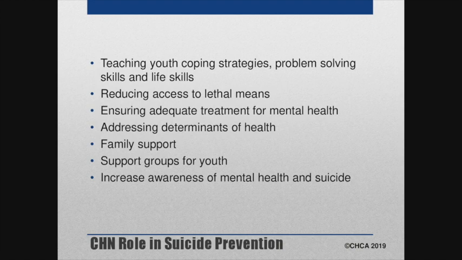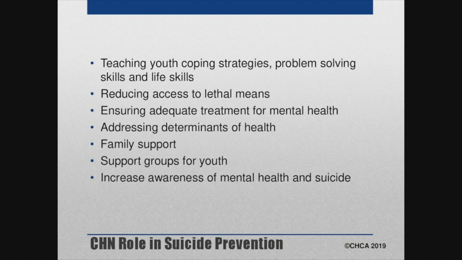We want to address the determinants of health, understanding certainly that there are the Indigenous determinants of health as well, that which Val talked about as far as how colonialism has affected families through intergenerational trauma. We want to ensure that family support is available, and if it is, to utilize it to the fullest extent.